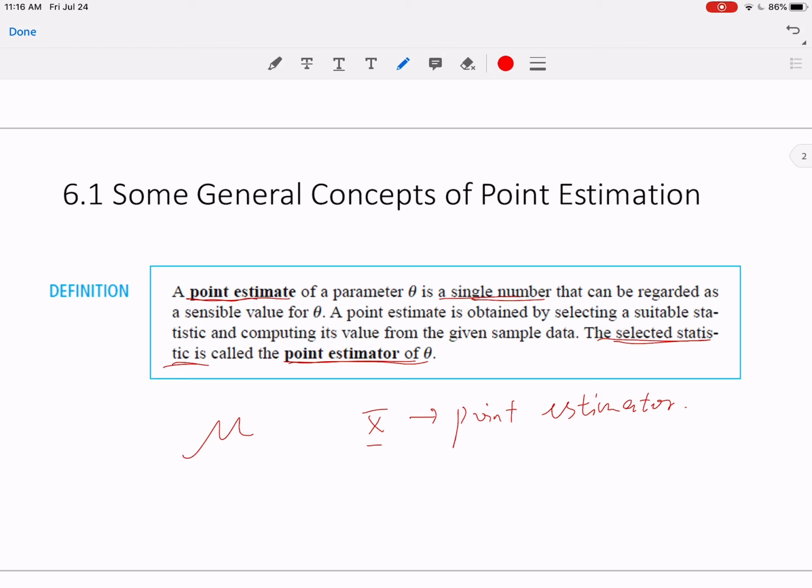And the value of x bar is the point estimate. Okay, once again, point estimator is a statistic, and the value of the statistic, or the value of the point estimator, is the point estimate.